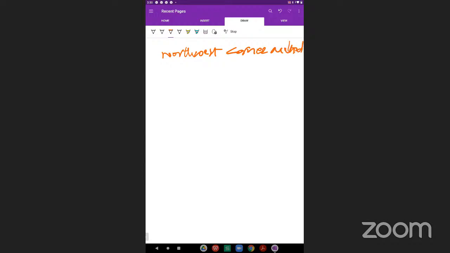Northwest corner rule, northwest corner method. What is the meaning of the northwest corner method? First I will explain one problem, then you can easily understand.